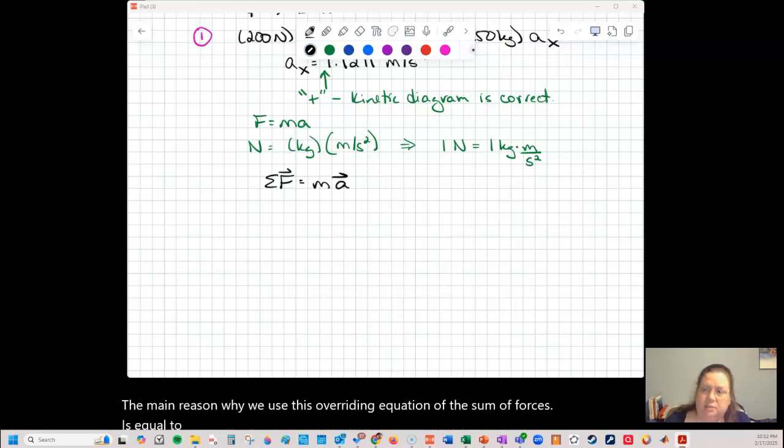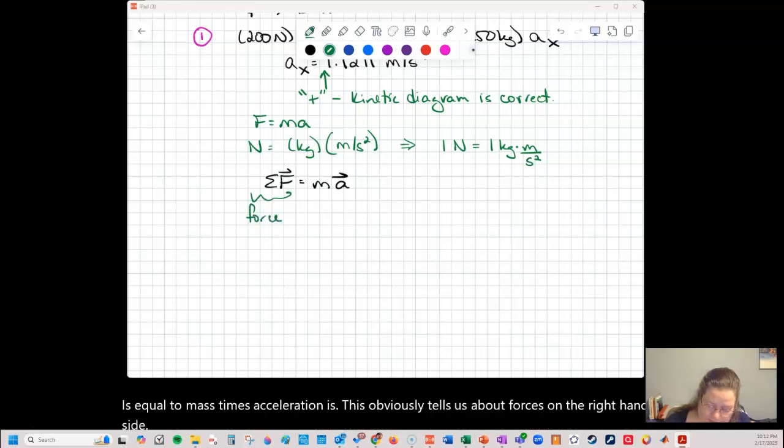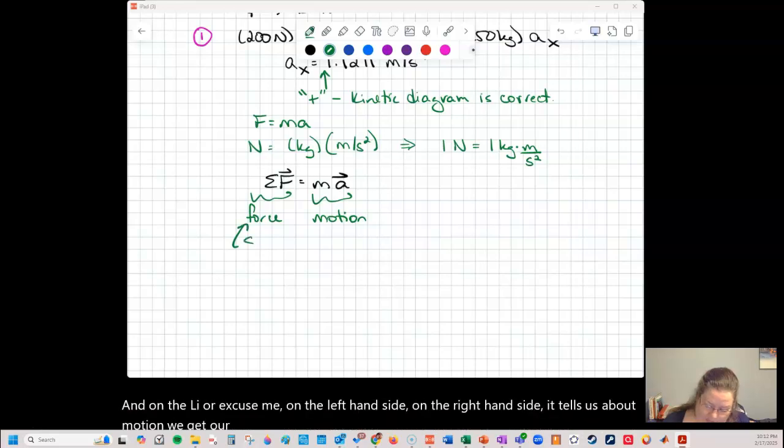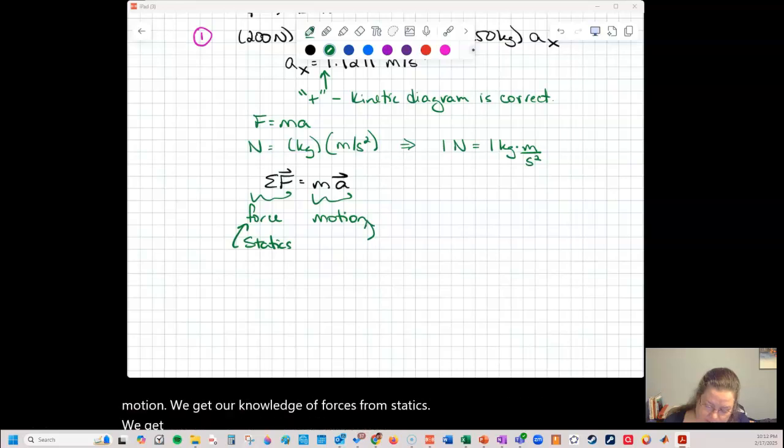times acceleration is that on the left-hand side, it tells us about forces, and on the right-hand side, it tells us about motion. We get our knowledge of forces from statics. We get our knowledge of motion from chapter 12.